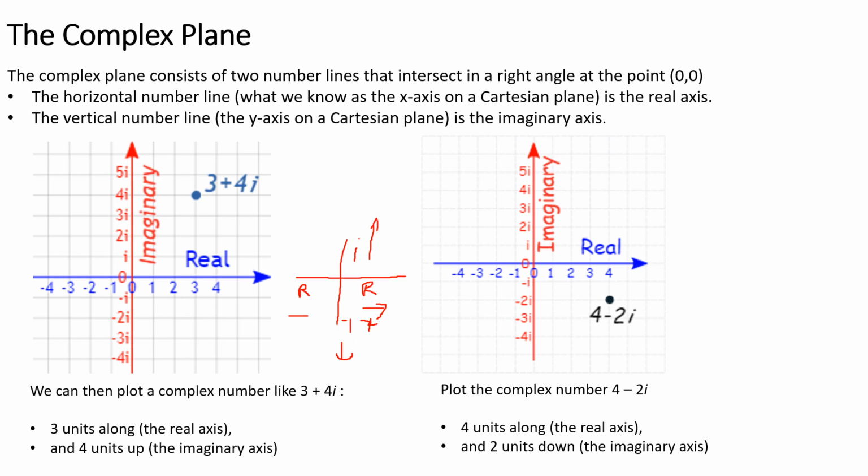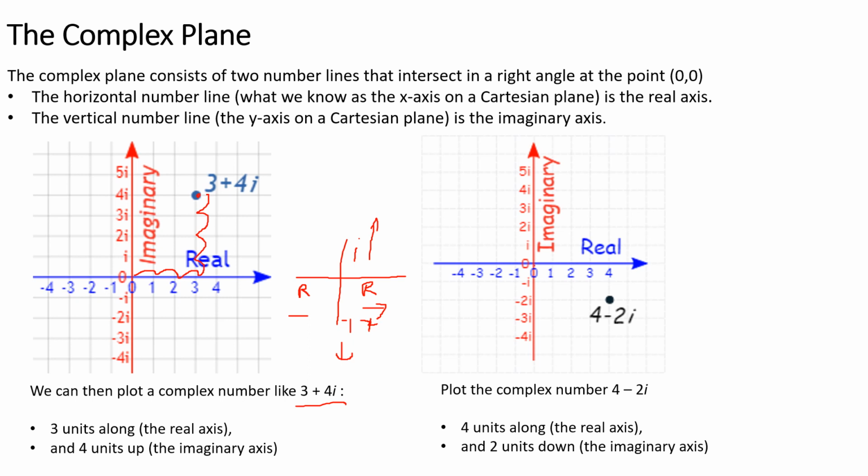If I have a complex number, 3 plus 4i, that's 3 across the real axis, and then 4 up on the imaginary axis. 1, 2, 3, 4. And there it is, my little dot. 4 minus 2i.